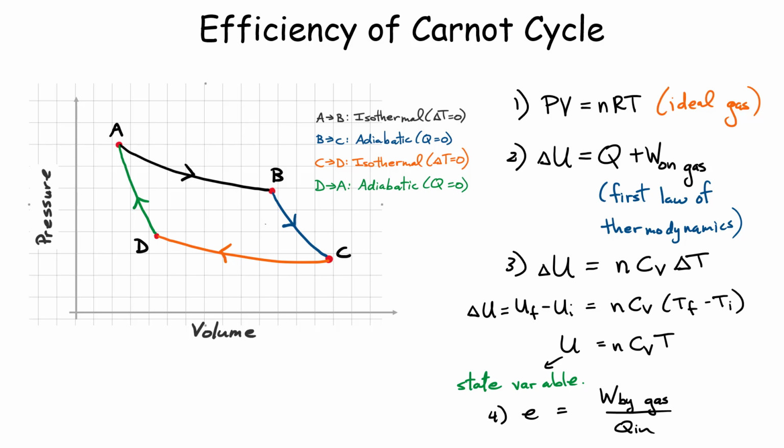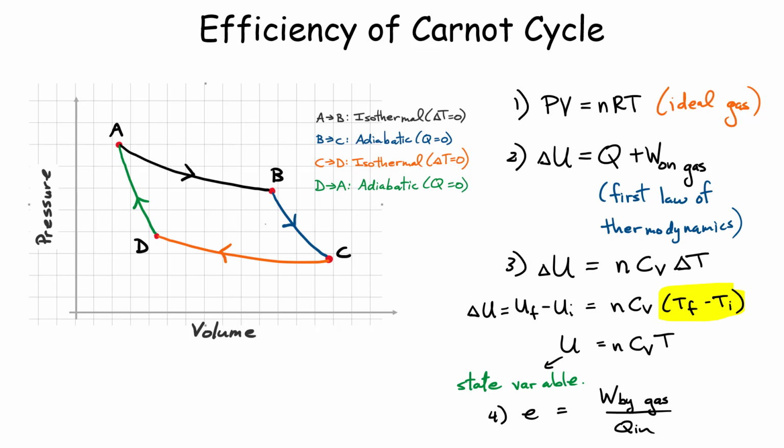I'll discuss this on the next slide. It doesn't depend on the path that you take the gas to calculate this change in internal energy. It only depends on the final value and the initial value of the gas. It doesn't depend on how you got there. Quantities like Q and the work depend on which path you take.